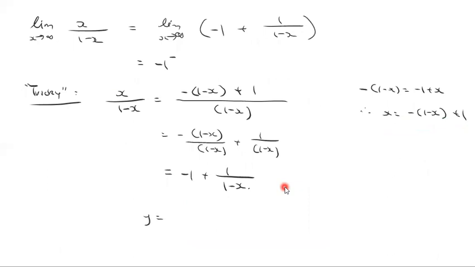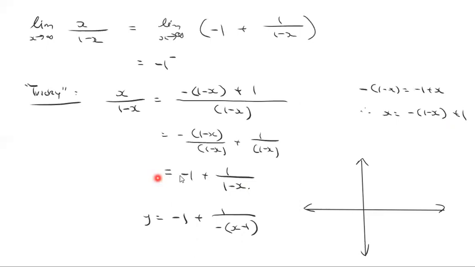I've got it in very easy to graph form. It's -1 plus 1 over, if you like, negative of x minus 1. In other words, from this, I can tell that -1 will be your horizontal asymptote, because as x goes to positive and negative infinity, you'll go towards negative 1.